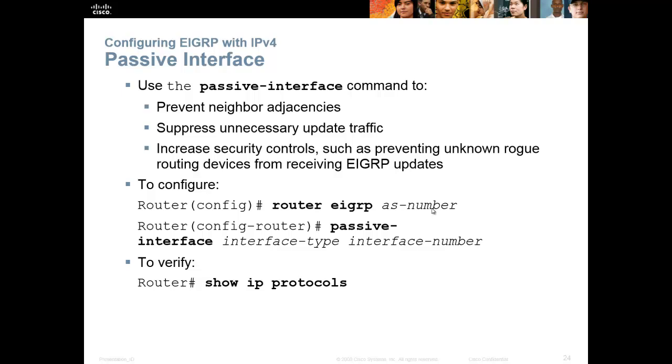So you may see that written as well. I think that's the best practice method, though I could be wrong, and I frequently am. So do passive-interface default. That way any interface that gets added is automatically not advertising your stuff, and then you only allow the interfaces that you want. But in our class, you're okay with just doing the passive interface on the local network. So just make sure that you understand how both ways work.